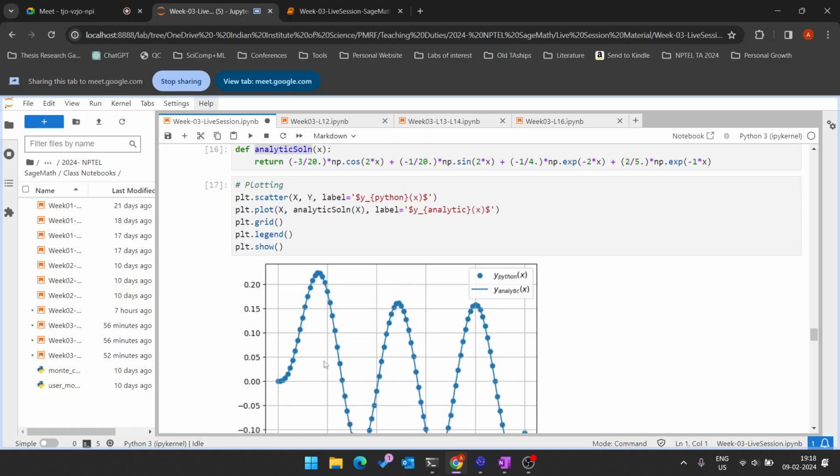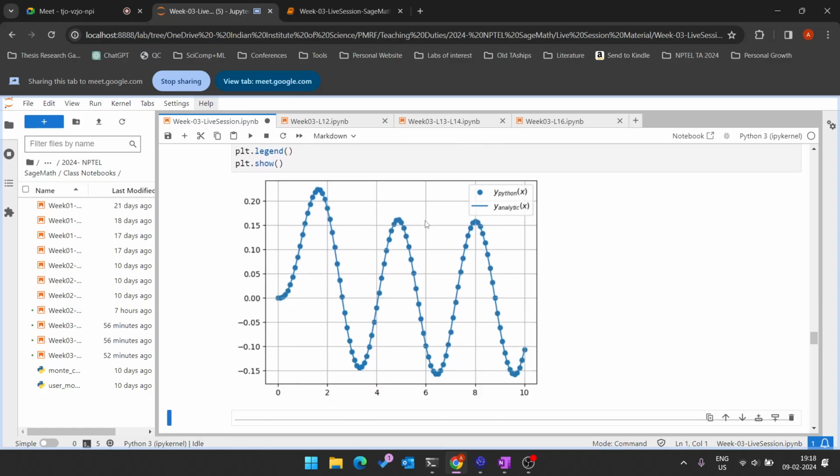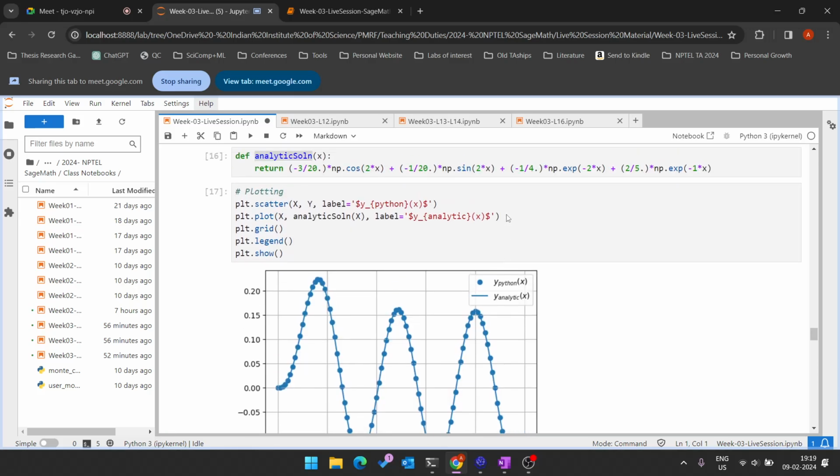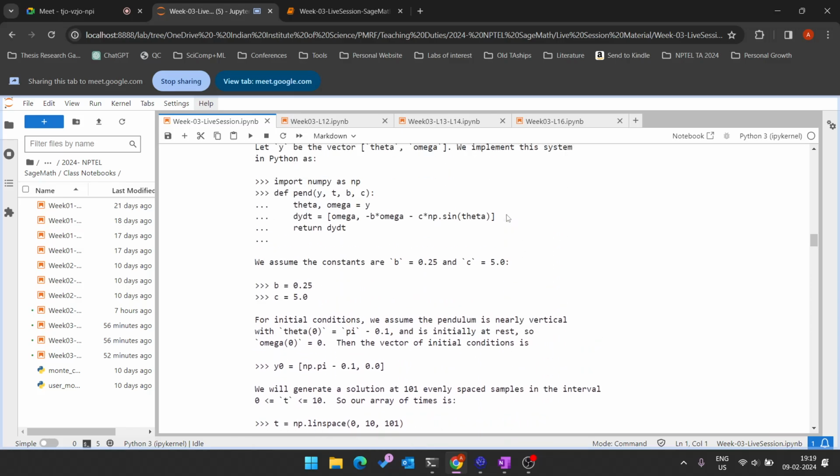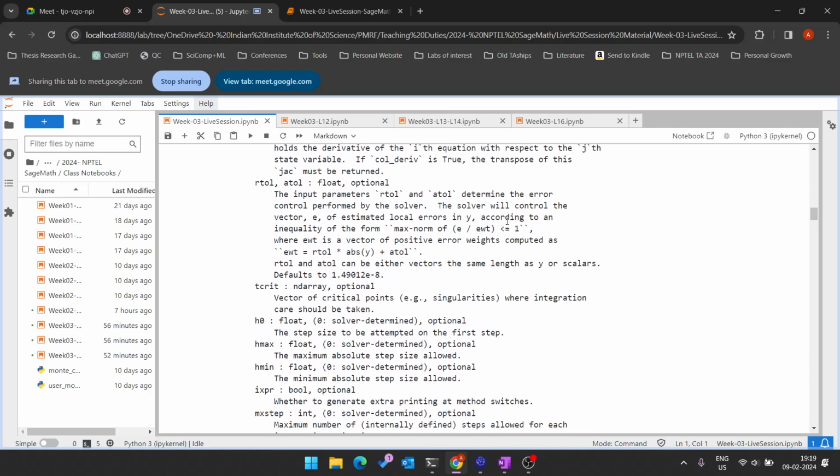If I run this, what do I see? I can see a perfect match between whatever solution we expect from Python and whatever solution we calculate if we were to do a hand calculation. So, which tells us that this ODE integration function is pretty reliable.